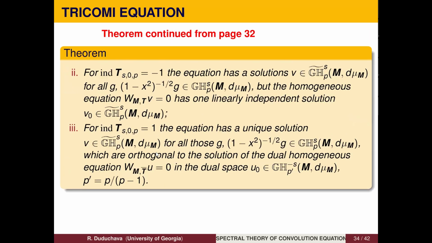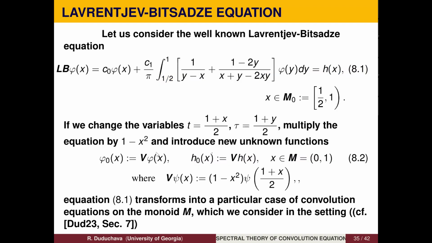And the third equation is the Lavrentiev-Bitsadze equation, which originates again as a boundary integral equation for a mixed type boundary value problem for the mixed type differential equation. And again, first of all, we have to reduce it from the interval -1 to 1 to the 0, 1 interval, to the submonoid.